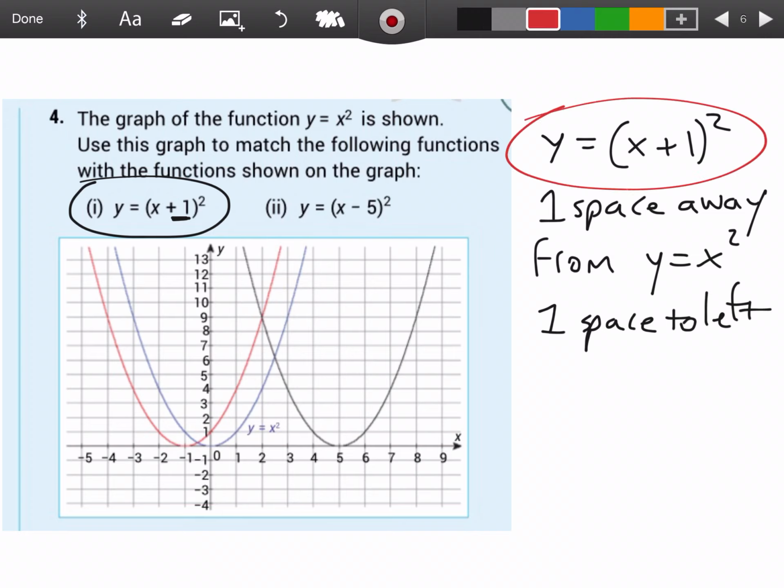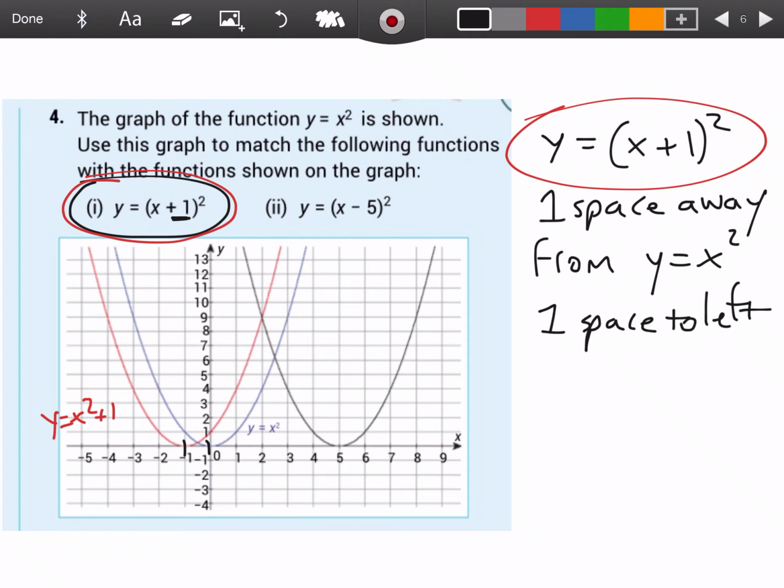y is equal to x plus 1 squared is the red function, because it shifted the function 1 space to the left. Look, it hits the x-axis there, and we've shifted it 1 space to the left, so it hits the x-axis there. And that's it.